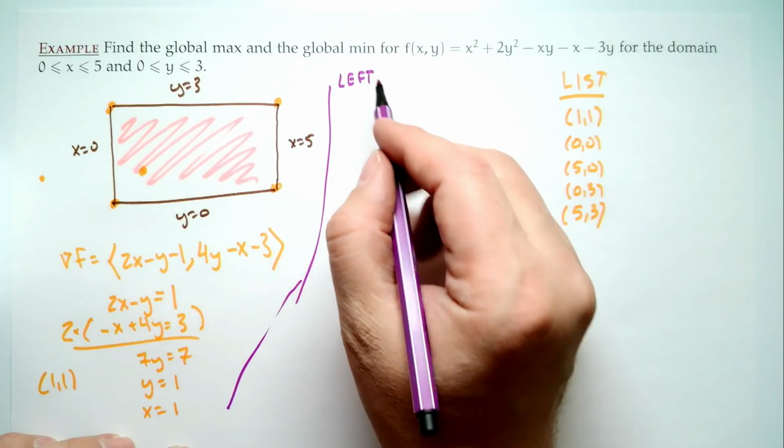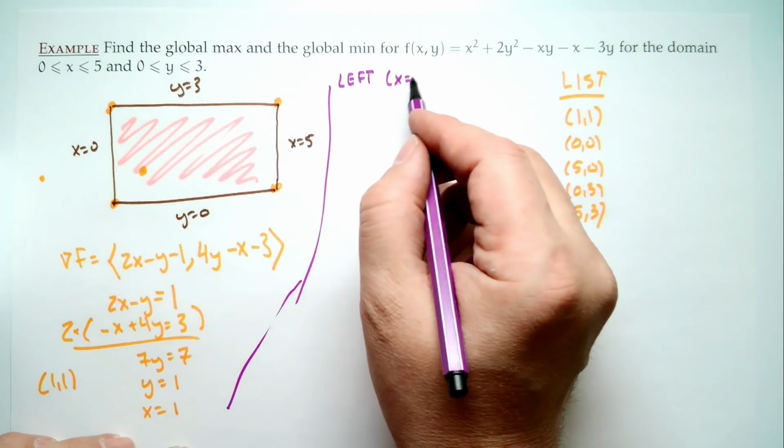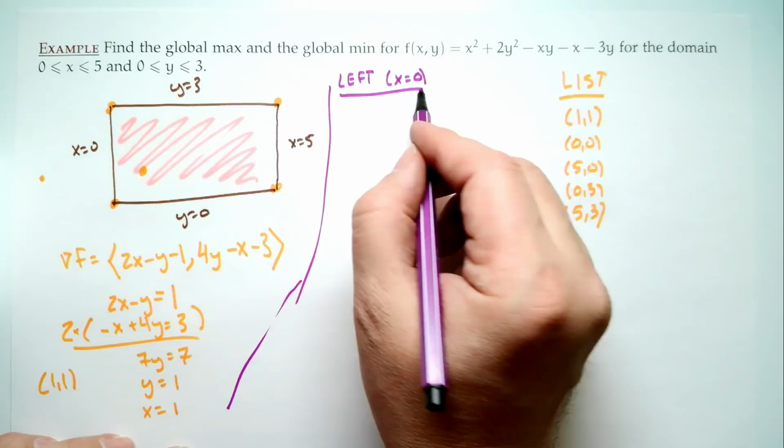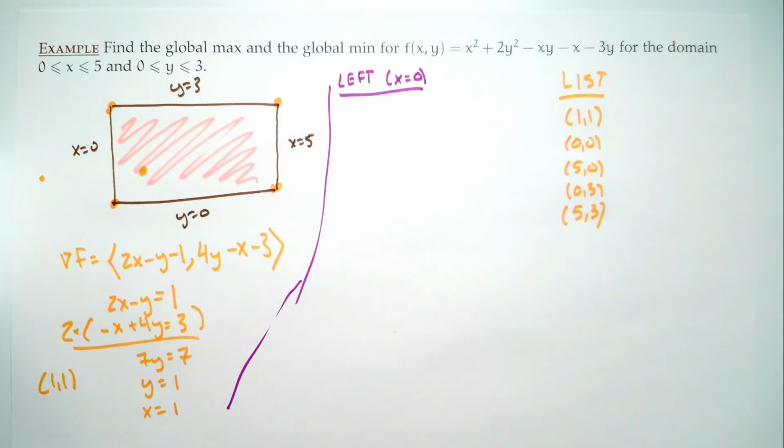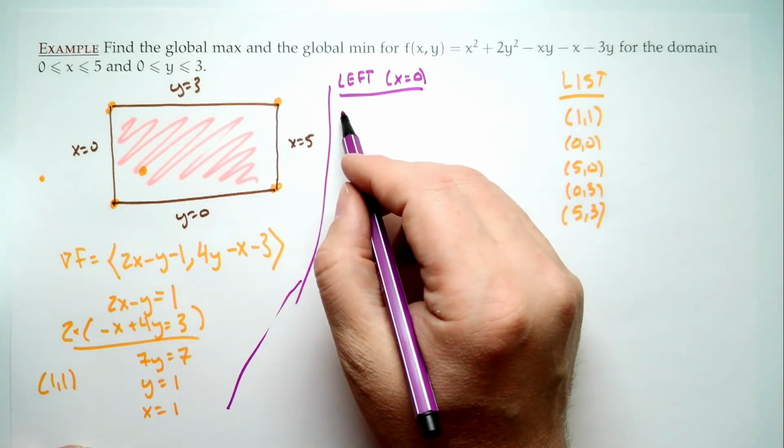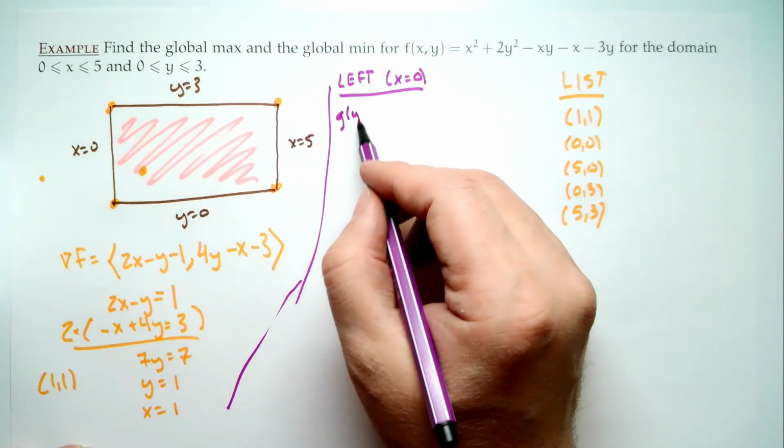Now the left side corresponds to x equals 0. So what we can do is put in x equals 0. And what's going to happen? Well, our function no longer is a function of x and y. It's only a function of y, because we've set x to be 0. So on the left side, I can look at it as just a function of y.